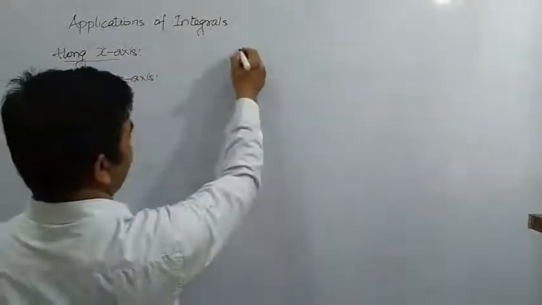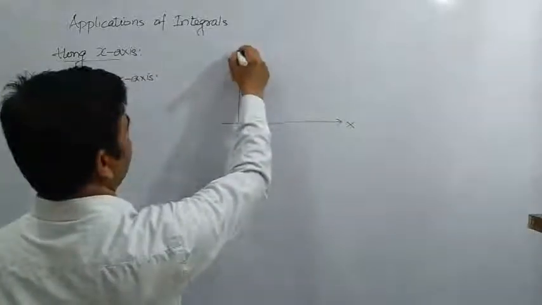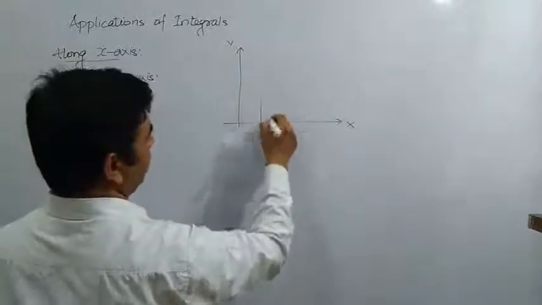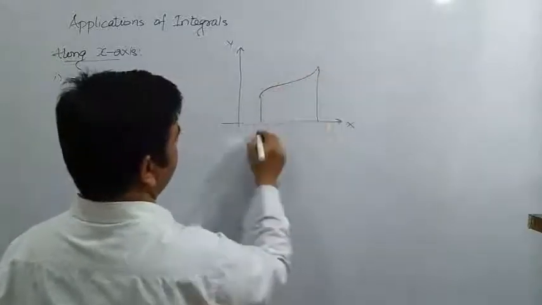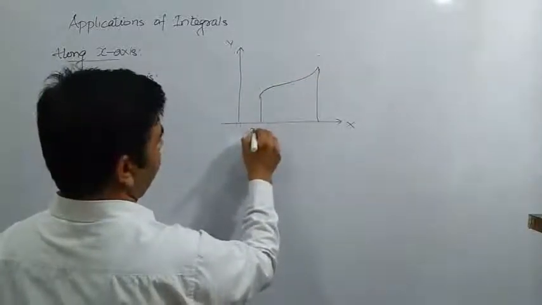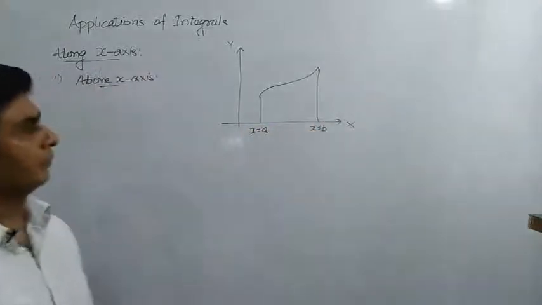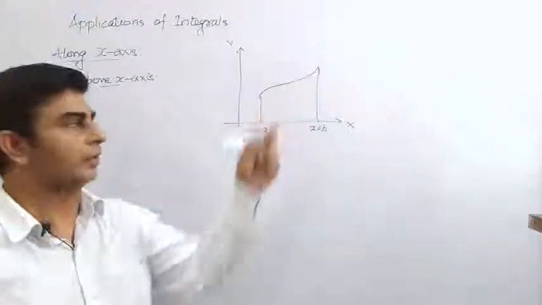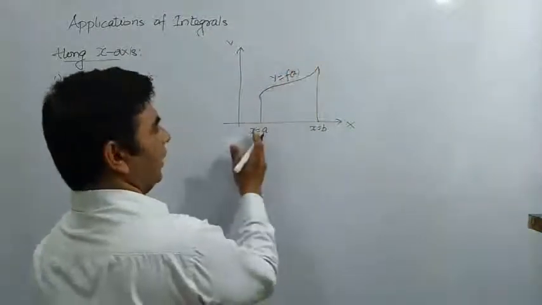like this is your x-axis, this is your y-axis, and any function is there which is bounded from x is equal to a to x is equal to b. This is the function y is equal to f of x, bounded from a to b.